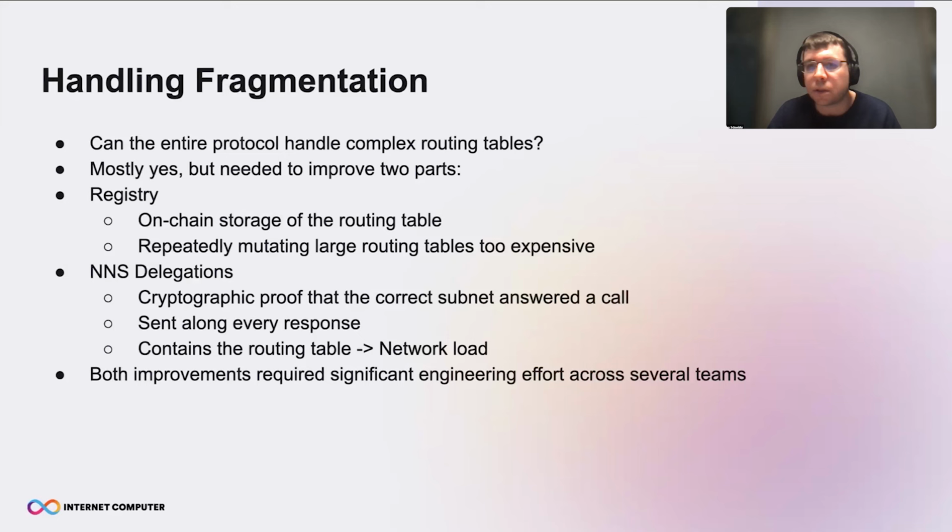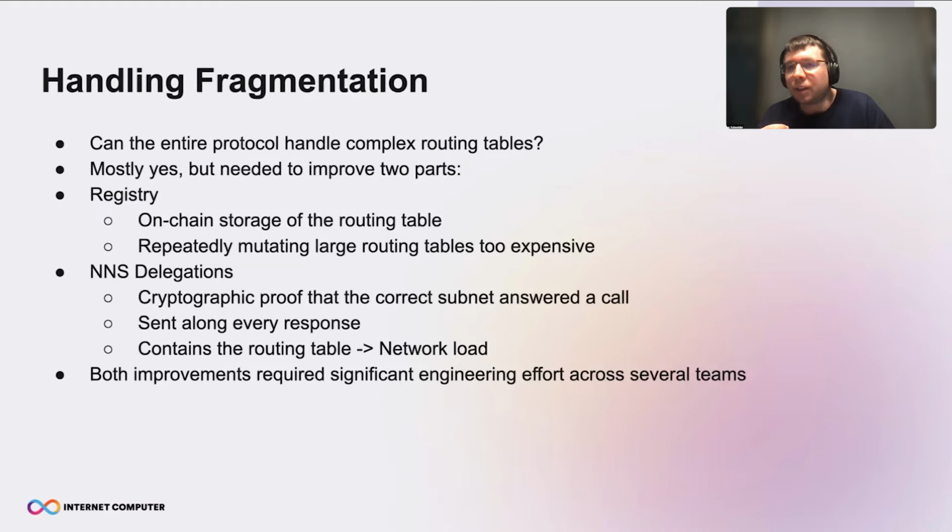One is in the registry, which is the on-chain storage of the routing table, plus lots of other things. There, it turned out to be a problem that the routing table can change a lot. And the other place where we needed to improve was around NNS delegations, which is a cryptographic proof that the correct subnet answered the call to the Internet Computer.